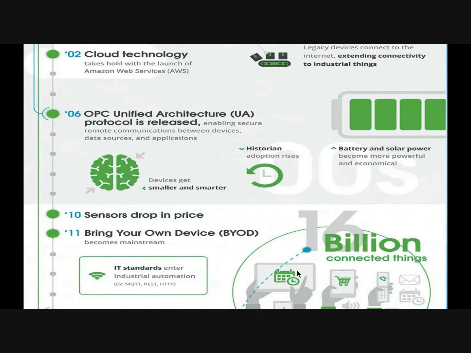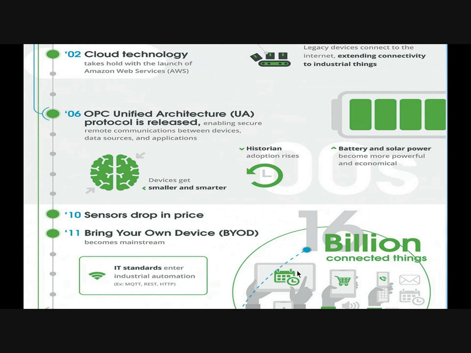And then in the year 2002, cloud technology was introduced with the launch of AWS. AWS stands for Amazon Web Services. And in the year 2006, the OPC Unified Architecture protocol was released, and this helped in secure communication between the devices, because network plays an important role in IoT.